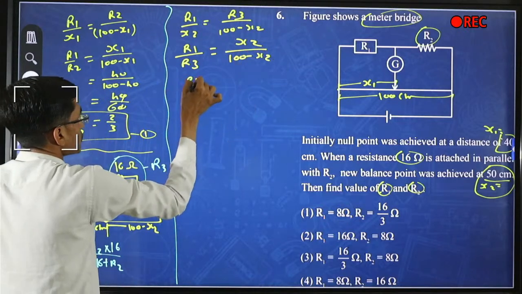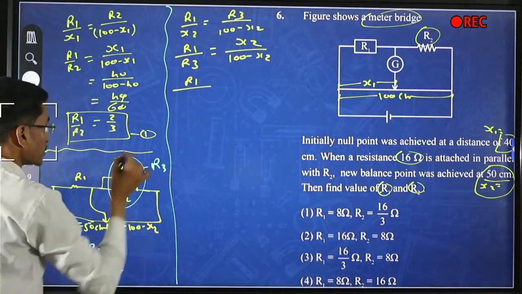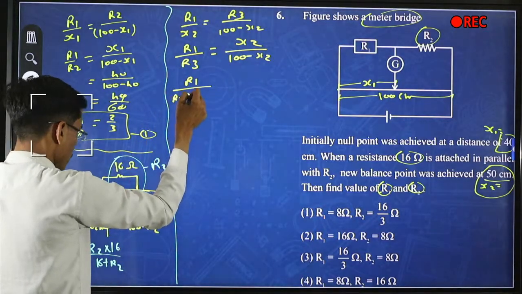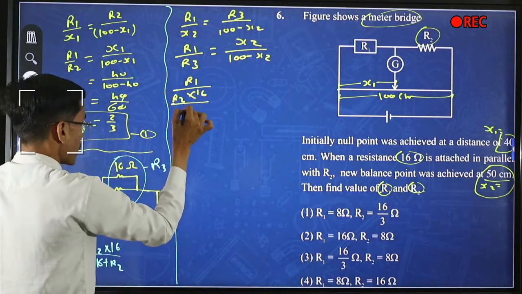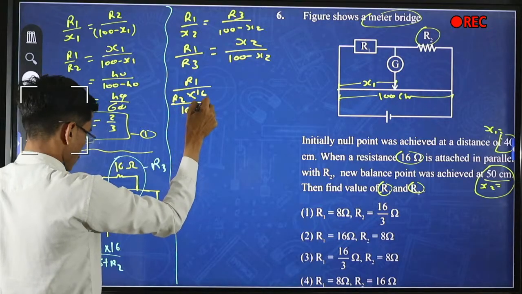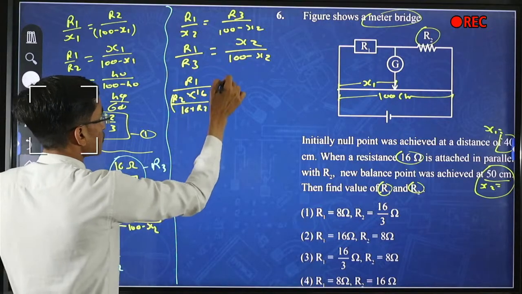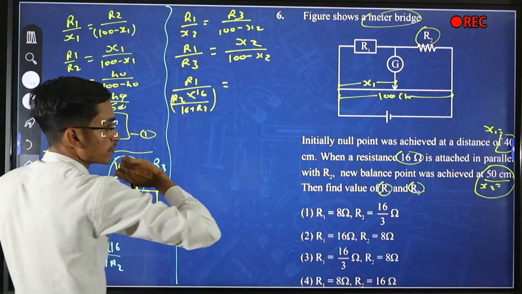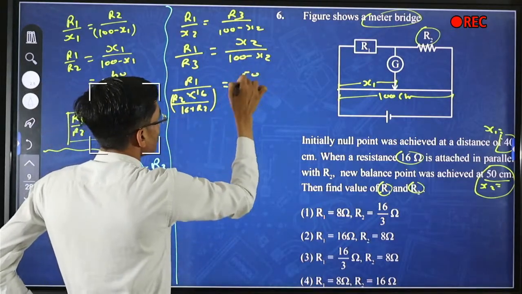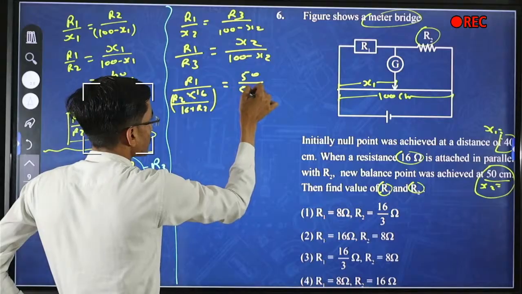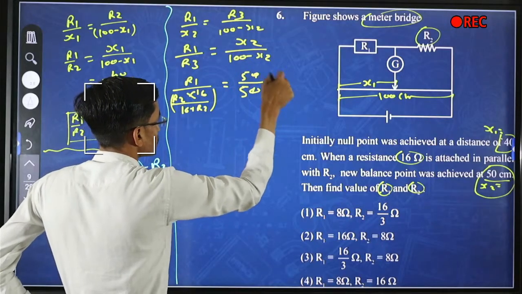R1 is as it is. We can write R3 is equal to R2 into 60 divided by 60 plus R2, equal to x2, which is given as 50 centimeter. Then 100 minus 50 is also 50, so 50 by 50 is equal to 1.